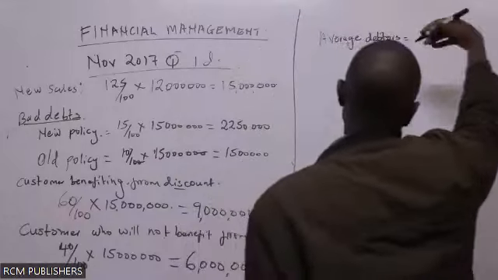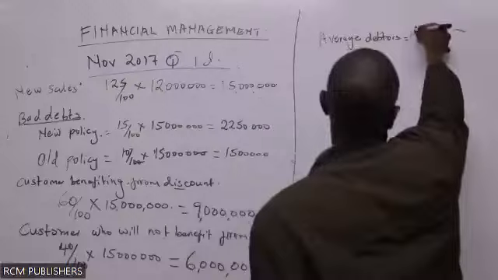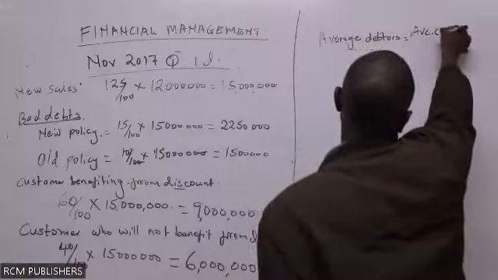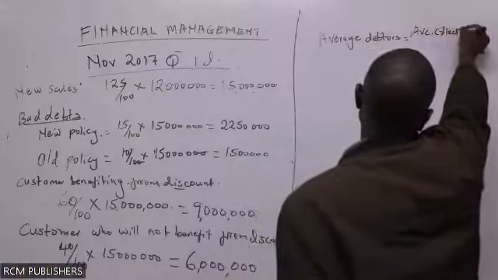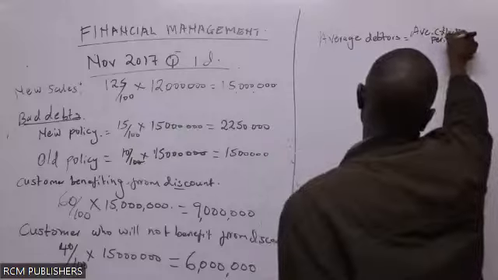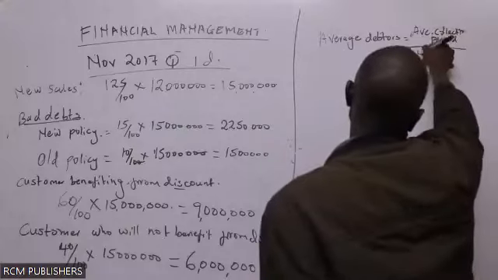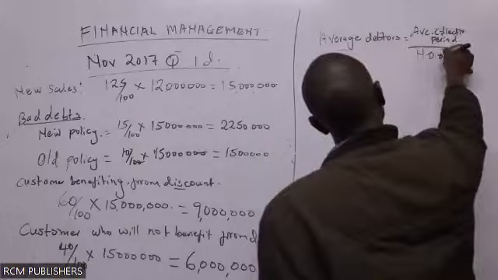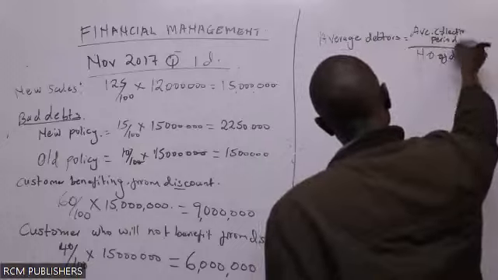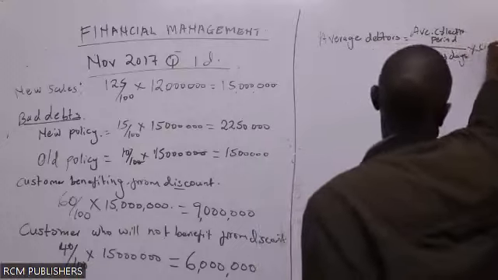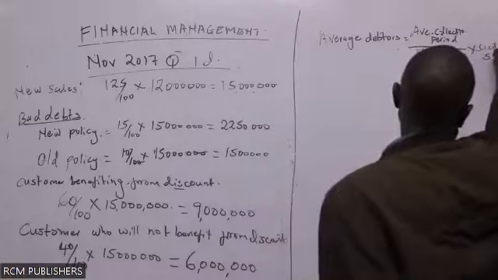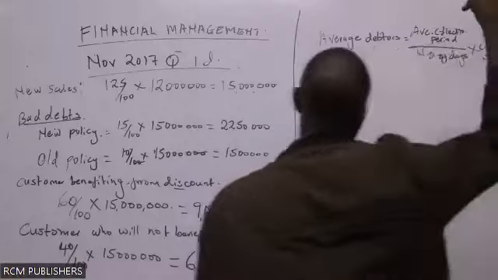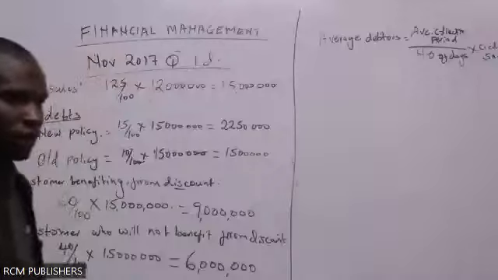Average data tumesema ni average correction period over number of days, times the credit sales. Credit sales. Don't ever forget that. Your formula ni muhimu sana.